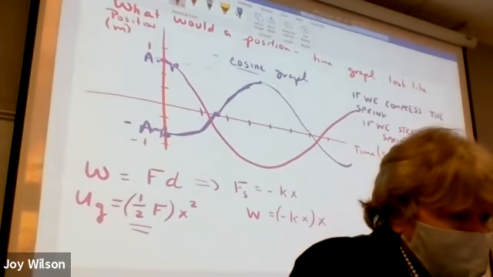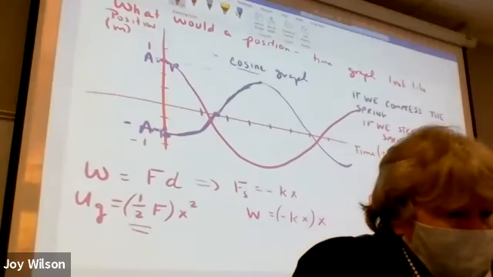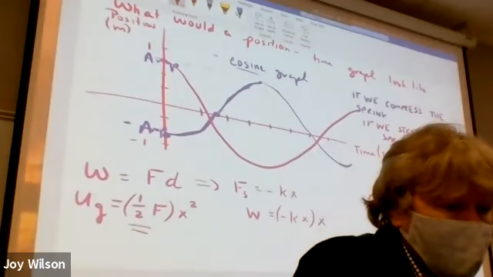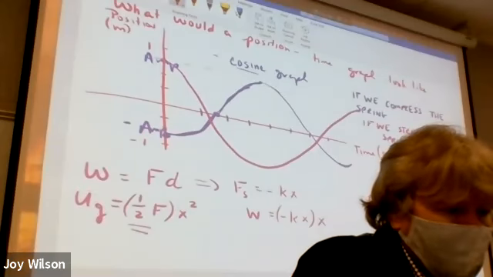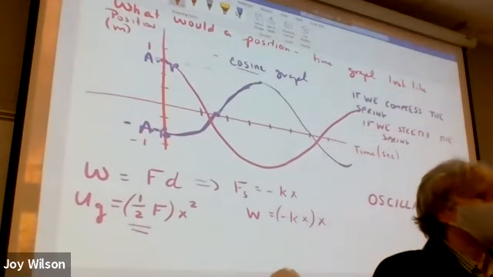So the word oscillate is to repeat a specific path or a motion in a particular time. Yeah, I have to get period in there too. So when we do the graphs, we'll talk about the period of the oscillation.